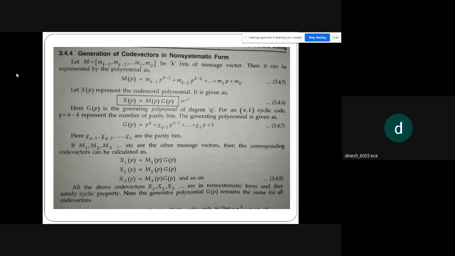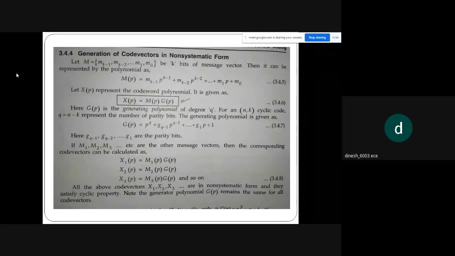If we have message vectors m1, m2, m3, for example, if you take three message vectors that are being present, then the corresponding code vectors can be generated by simply multiplying with its generator polynomial.